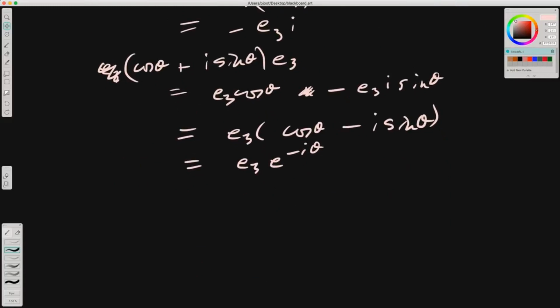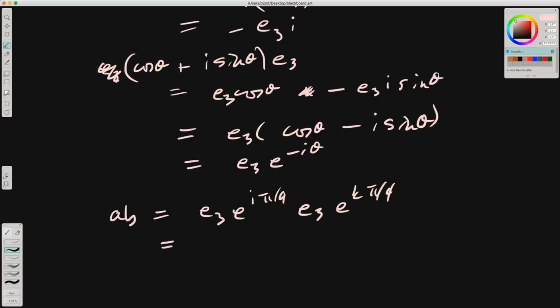So if we have AB as E3 e to the I pi by 4, E3 e to the K pi by 4, and I've been kind of cavalier here, making up letters I, J, K for unit bivectors.